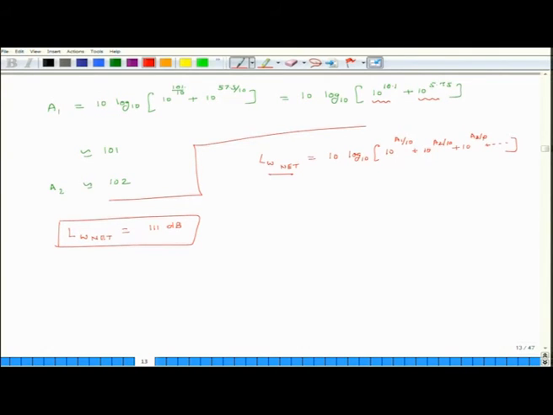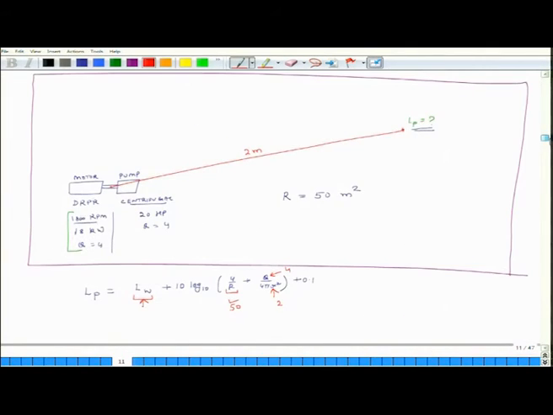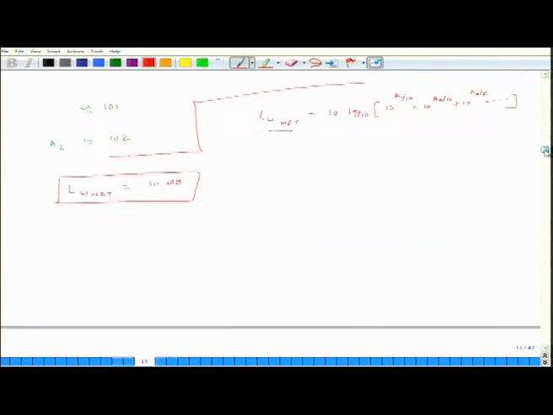Now, once I have done that, this is 111 decibels. What is our original question? I have to compute the sound pressure level, LP. Now I know LW, so I do all the math.